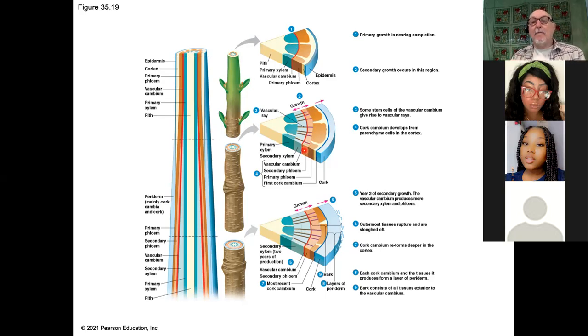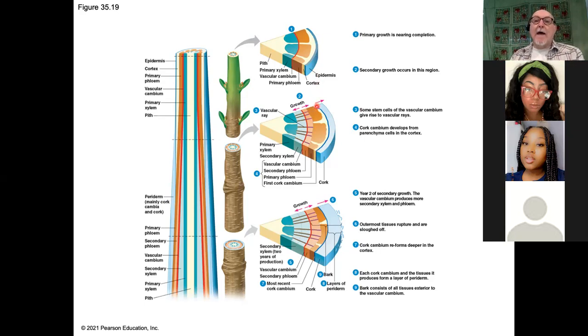At the same time, on the outside, the meristems that produce the epidermis are replaced. As the stem begins to increase in size, usually, sometimes in some plants it's preserved, but in most plants, the epidermis is lost. It dies and sloughs off.